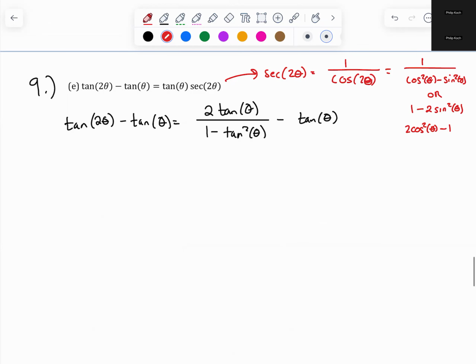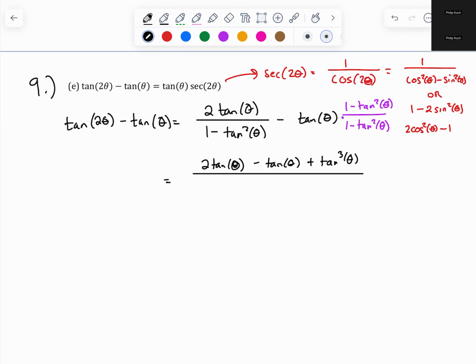So I'm going to multiply this thing by, let's see if that works. I don't know if it will, but 1 minus tangent squared theta over 1 minus tangent squared theta. And that will give me now 2 tangent theta minus tangent theta plus tangent cubed theta, all over 1 minus tangent squared of theta.